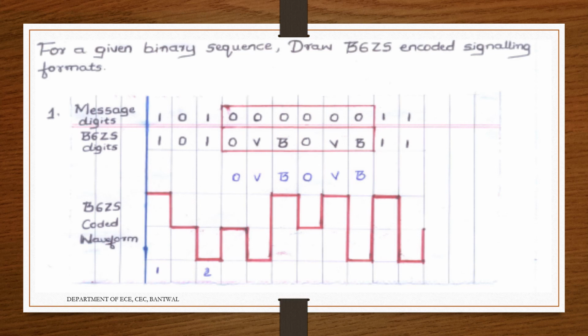So now I'll do it with respect to the highlighter. Here it should be 0, correct. Next one it should be 1. Next minus, then again 0, then minus, then plus.